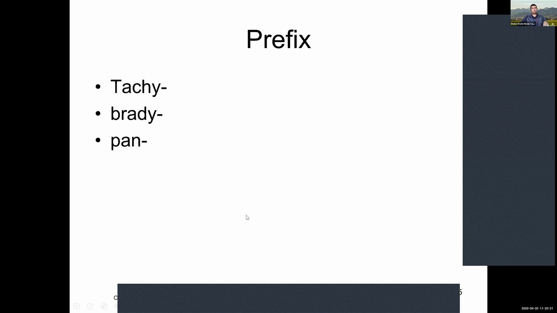A couple of the prefixes that we're going to see: tachy, brady, and pan. If you look at 396, tachy's not listed there, but I added that one onto this slide because we'll see tachycardia. Tachy means increased or fast. Brady means decreased or slow. And pan means total.